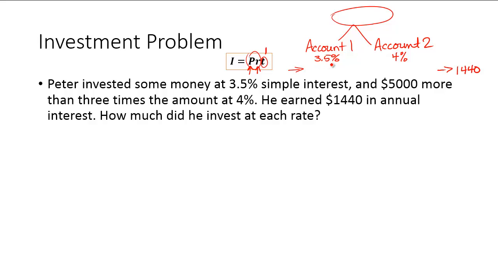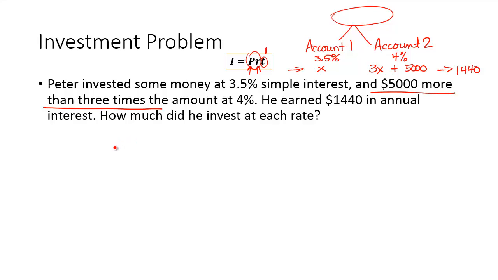How much has he put into account 1 and how much has he put into account 2? Well, he puts in one amount here, so let's call that x, but then he puts in 5,000 more than 3 times the original amount that he put into the first account into this account. And that's just taken from this part here.